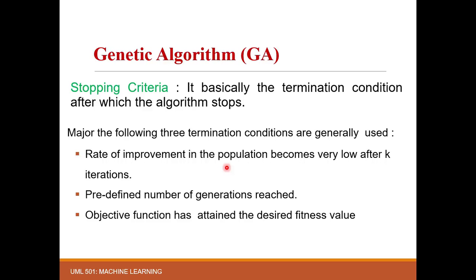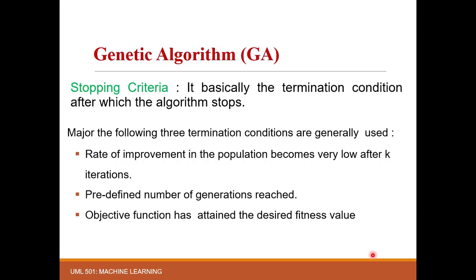First one: the rate of improvement in the population becomes very low after k iterations. Let's suppose after 10 generations, the rate of change in the population becomes very low. Suppose you get value 10 in the first generation, after that 15, then it's okay, now 18, okay.